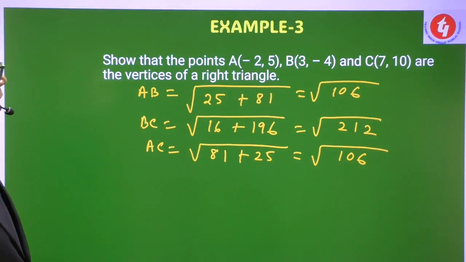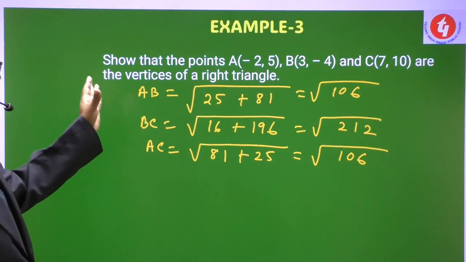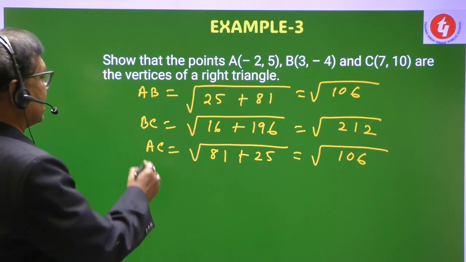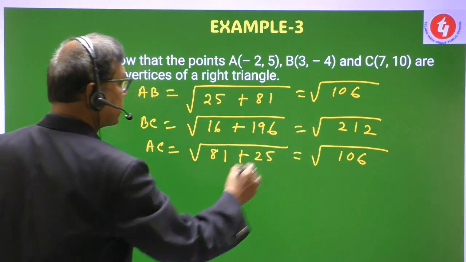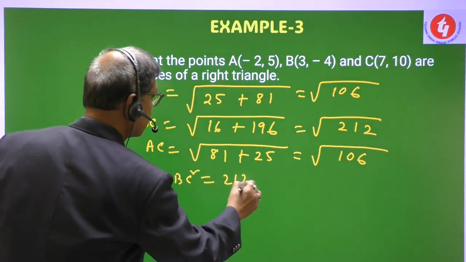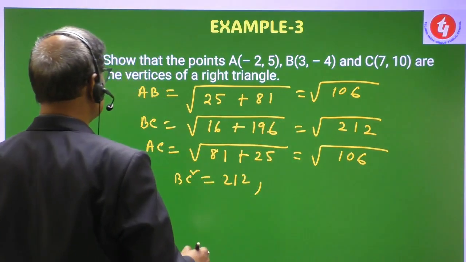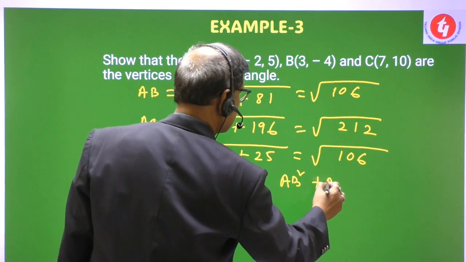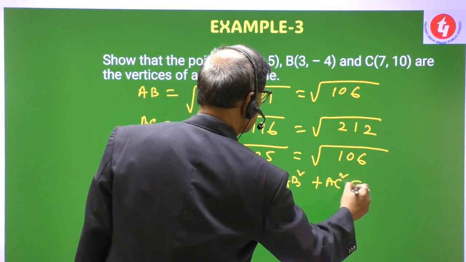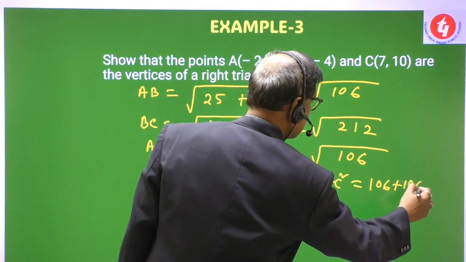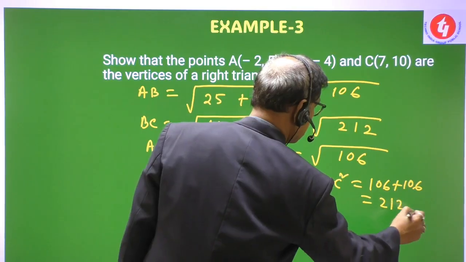Now what we have to prove? We have to prove these are the vertices of a right angle triangle. That means the largest side, that is BC here I am saying. So BC square result is how much? 212. And what is the sum of the squares of the other two sides? AB square plus AC square is 106 plus 106, that is 212.